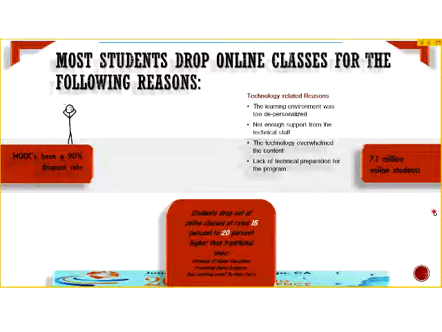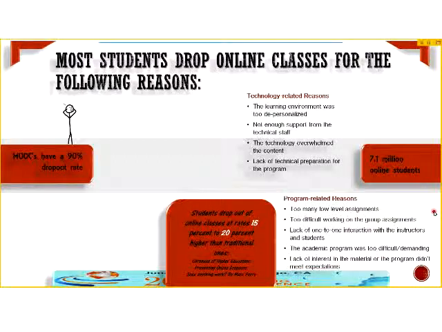Technology. The learning environment needs to be more personalized. There's not enough support. Faculty are not contacting them enough. They also have program-related reasons. They're not happy with the kind of information that's given to them in their program. There's a lack of one-to-one interaction between instructors and students, and it's too difficult.